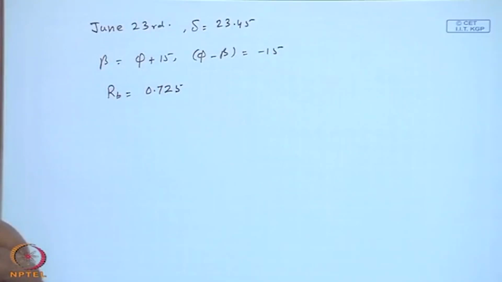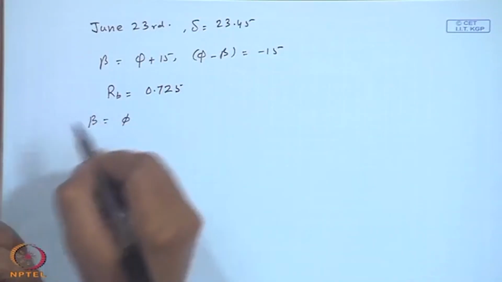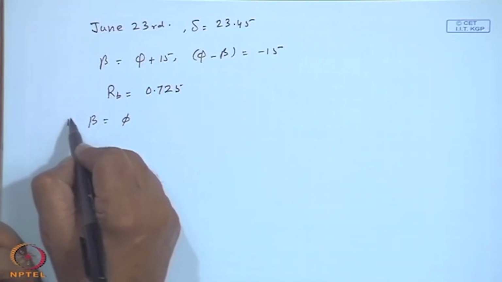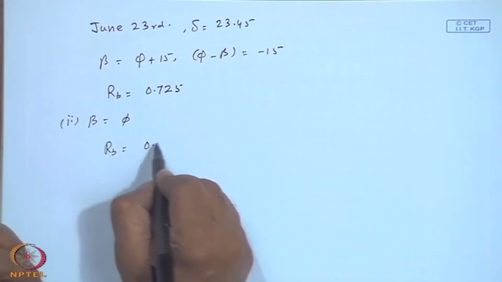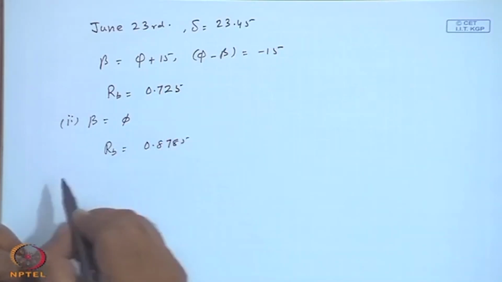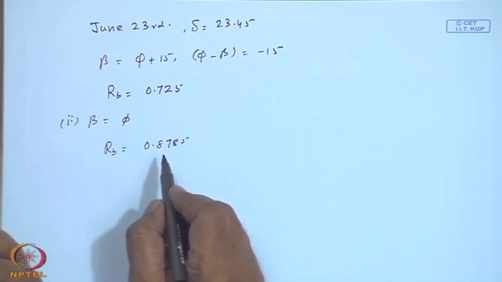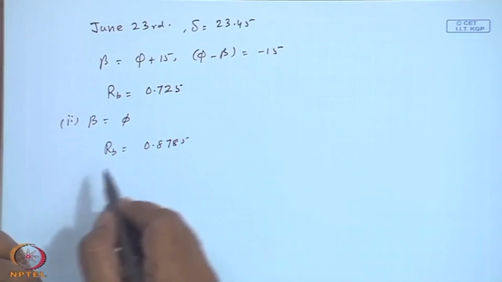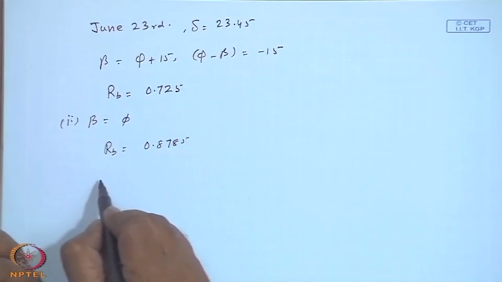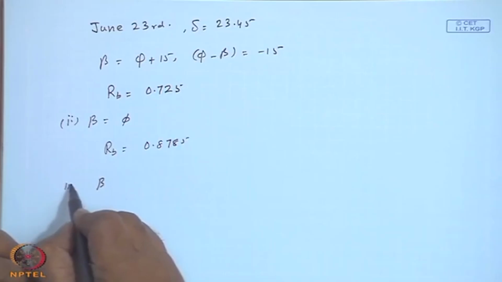We have gone through these numbers, and I am just repeating for some reason, which you will come to know towards the end of this problem. And for the second case of beta equal to phi, you have RB slightly better, 0.8785. Please go through the arithmetic calculation, a simple relation, which we have done in detail last class. So, you can again check it up. Qualitatively, I do not think there will be much difference.